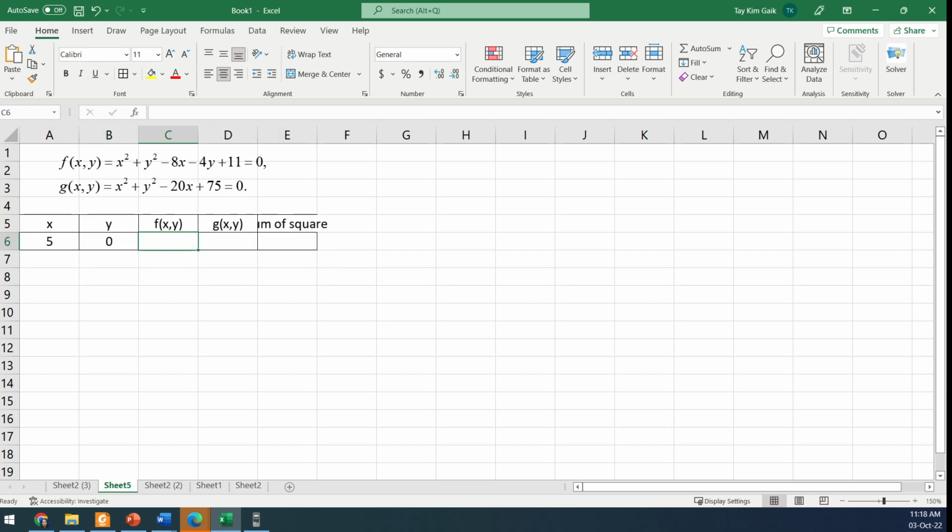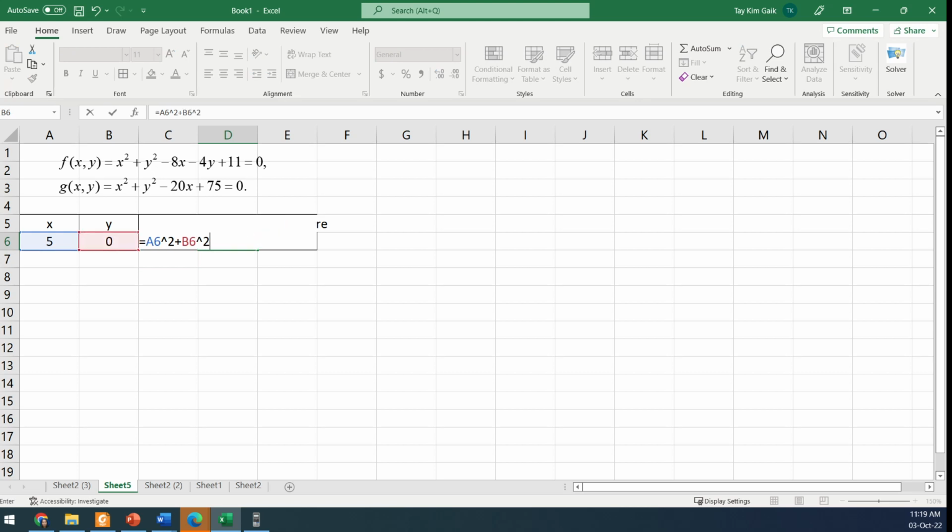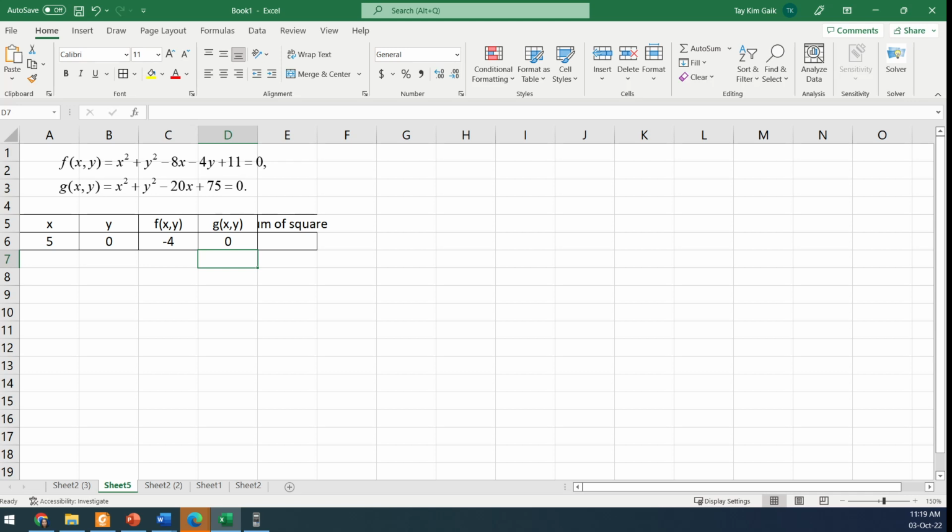Again, key in fxy: x squared plus y squared minus 8 times x minus 4 times y, plus 11, so you get negative 4. For gxy: x squared plus y squared minus 20 times x plus 75.